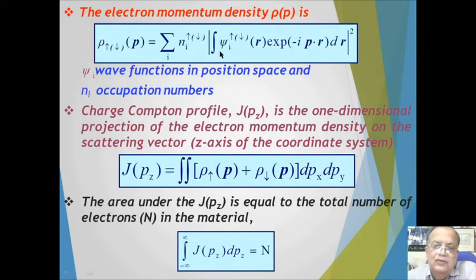So this is how you derive the J magnetic (pz). J magnetic (pz) is nothing but the magnetic Compton profile. This capital J is the symbol corresponding to that.